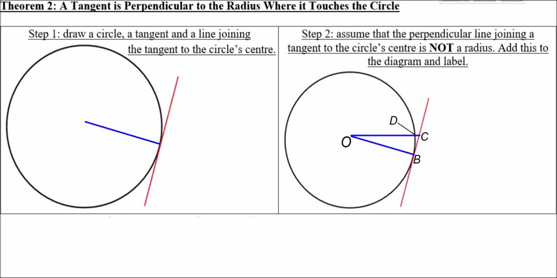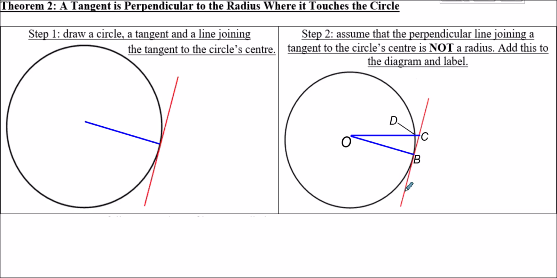So, bit of labelling, call that centre O, we'll call this B, that's C. D is the point that OC goes through where it touches the circumference. And so OD is a radius which is the same length as OB. So from D to C is a tiny bit extra so that it touches the tangent.